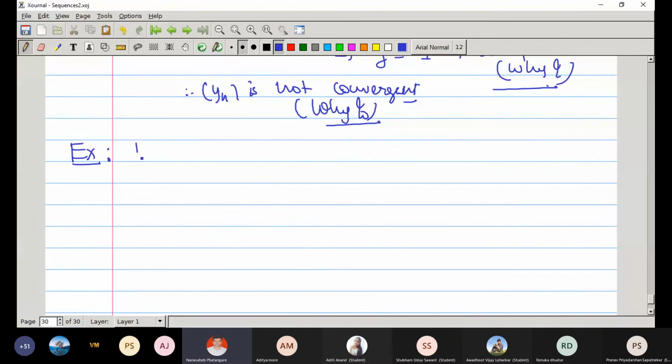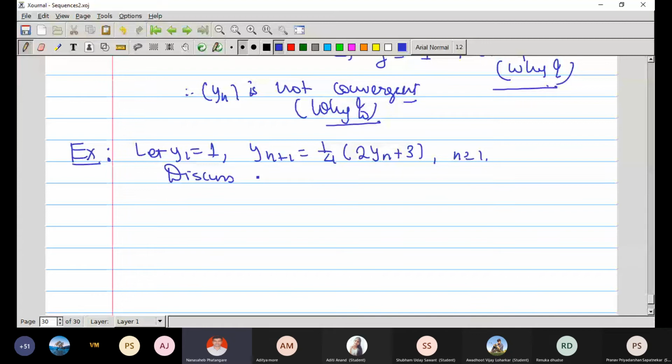Okay, let y1 is equal to 1 and yn plus 1 is equal to 1 by 4 plus 3. Then discuss the convergence of sequence y.